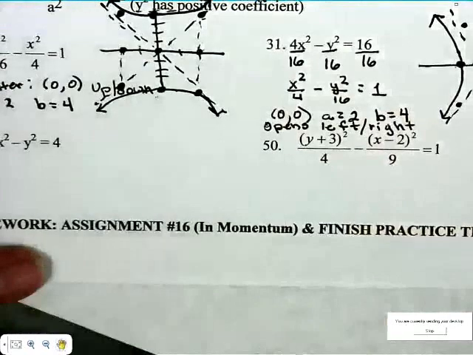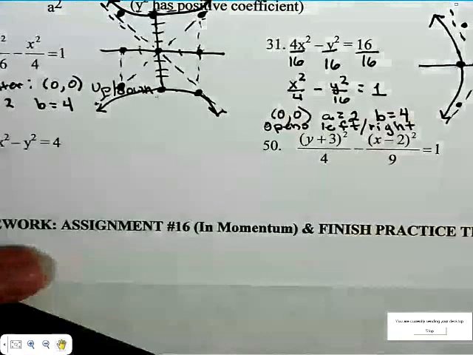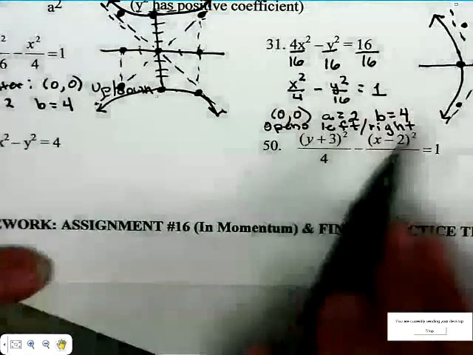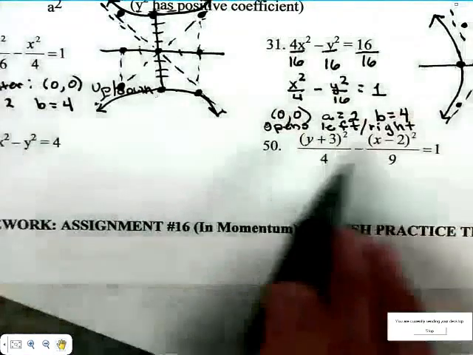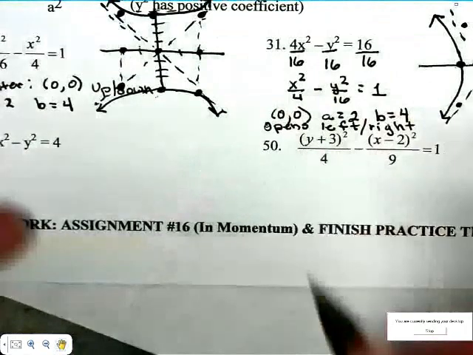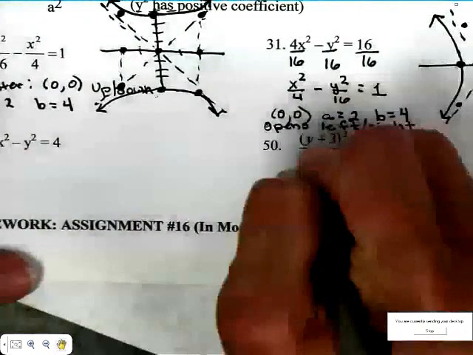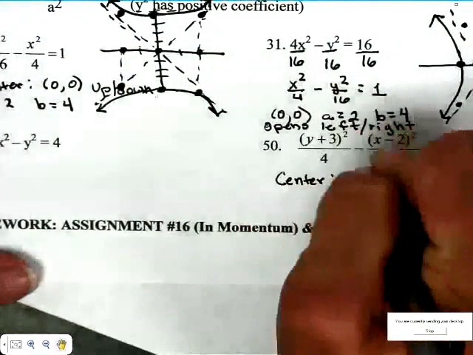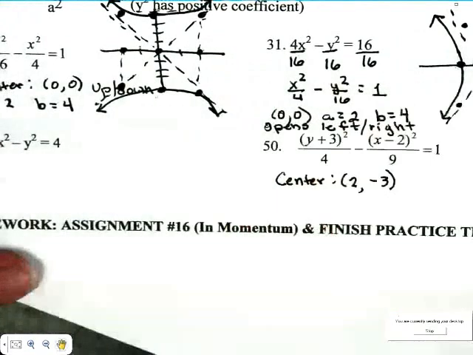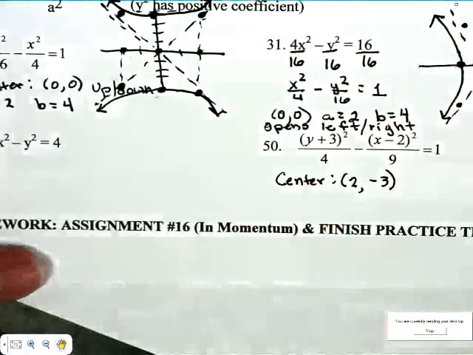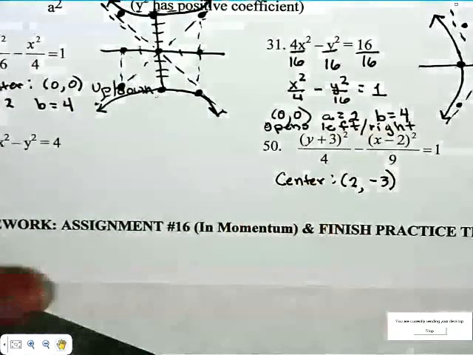What is the center of this hyperbola? The 2 is with the x, the 3 is with the y. It's still the opposite of both guys in parentheses, but make sure you have them in the correct order. 2, -3. And be careful picking out your A's and B's.